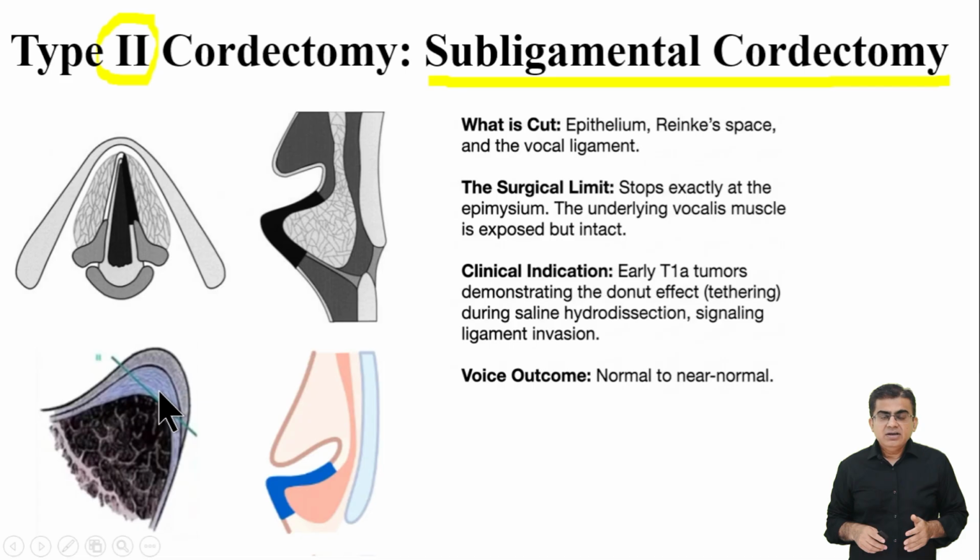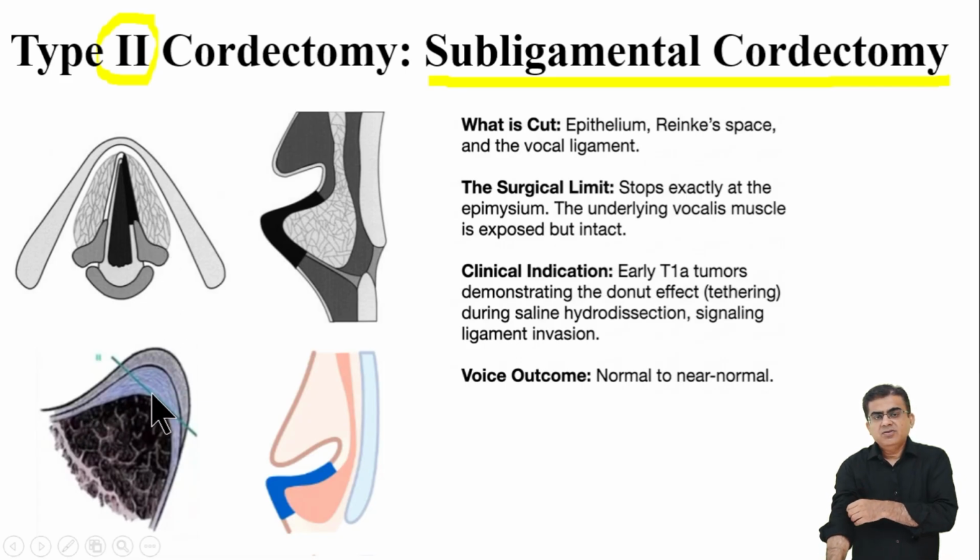Your laser must stop exactly at the epimysium. This means you must leave the vocalis muscle completely untouched and strictly intact. See here. The cut is superficial to the muscle.